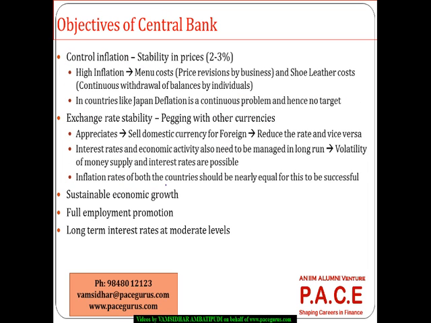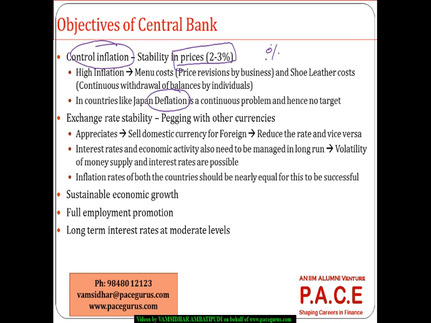And coming to the objectives, one of the key objectives associated with the central bank is to control inflation and bring about stability in the prices in the range of 2 to 3%. They generally don't target 0% because in a country like Japan, deflation is a very continuous problem, and even if the targeted inflation is around 0%, there is a very big chance that deflation can come up, and deflation is always a more difficult problem to deal with compared to inflation.